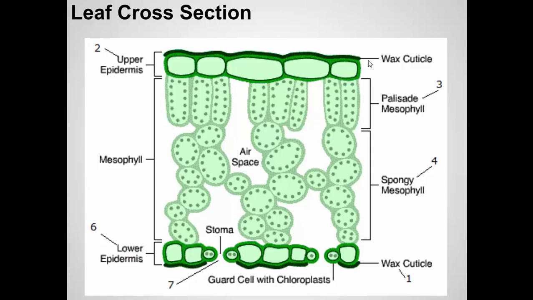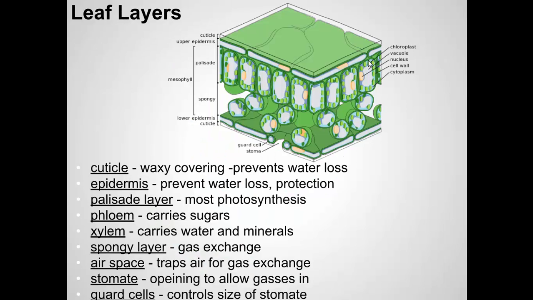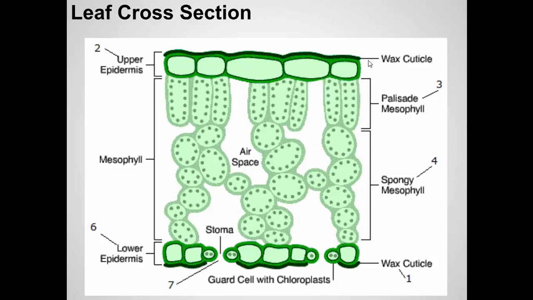On each side of this opening are these special types of cells, called guard cells, that basically can open or shut this opening when necessary. So this tells you just in a little bit more detail about the various layers of the leaf.